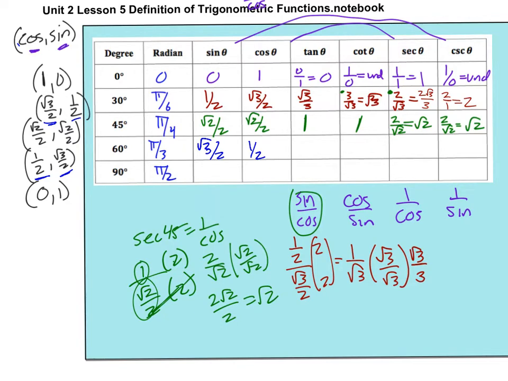So this ends up being square root of 3, which matches up here, and this ends up being square root of 3 over 3. And then when I flip it over, and go to secant, cosecant, I get 2, and I get 2 square root of 3 over 3. These end up being just reflections of each other. These two switch places.